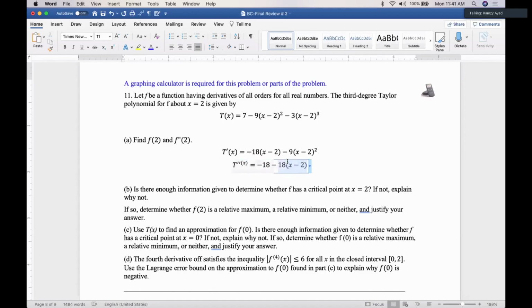So basically, if you put a 0 here, you're going to get a positive answer, which indicates that you have a relative minimum. If you say that, you're wrong. Why? Because whatever we got is an approximation. Yes, I got a 0 when I put the number 0 in the first derivative, but what if the rest of the terms that are supposed to be there add up to another number?